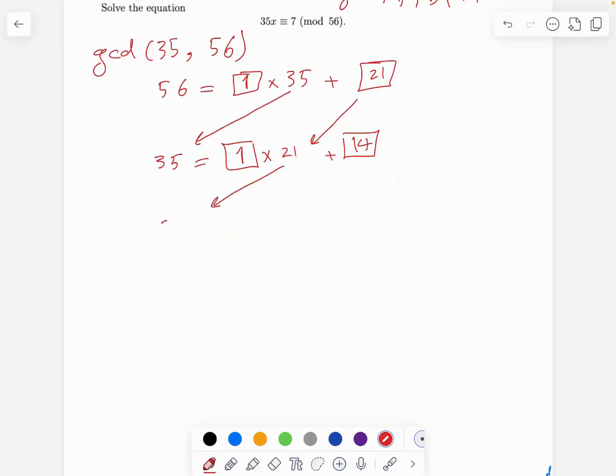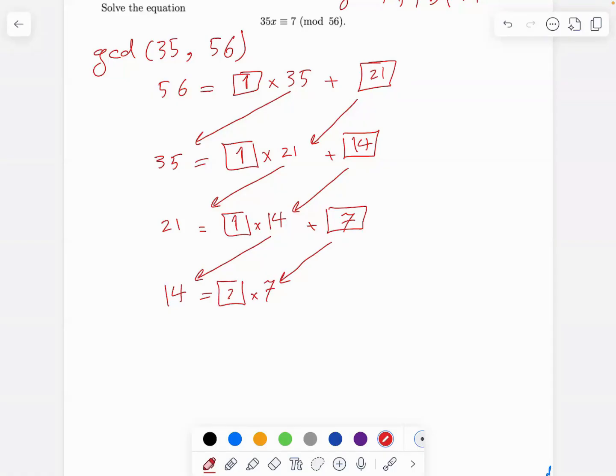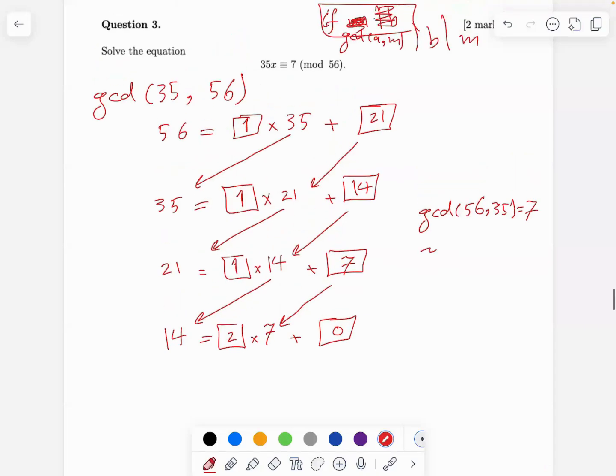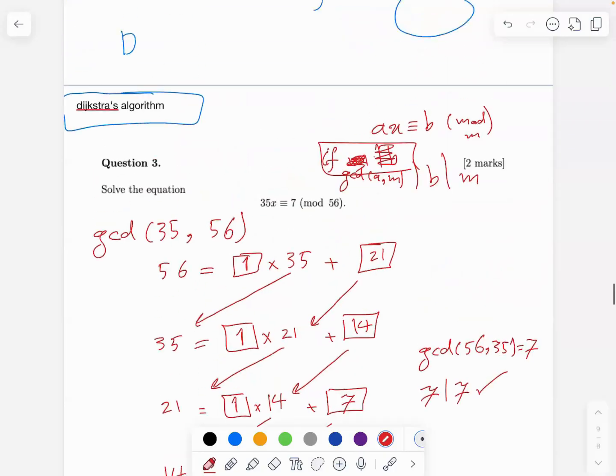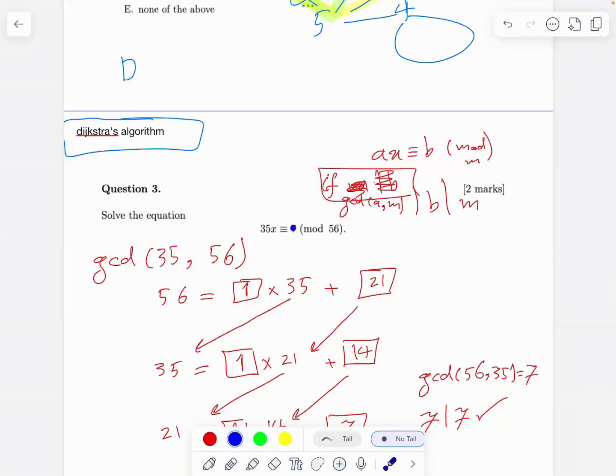This comes here. 21 divided by 14 is 1, remainder 7. Then 14 divided by 7 leaves zero. So the GCD is 7, and 7 is divisible by 7. So there is a solution for this one.